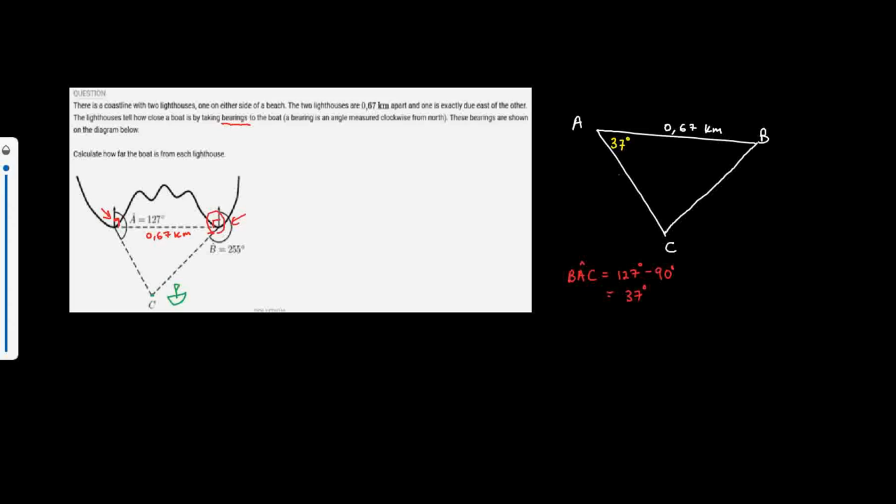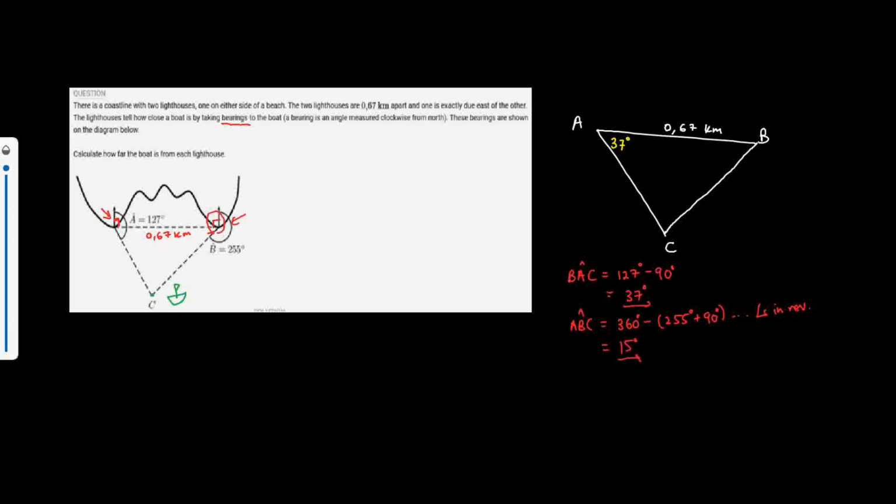Very interestingly, I'm going to say that angle ABC is equal to 360 degrees minus 255 degrees plus 90 degrees. Angles in a revolution, or angles around a point, that's equal to, let's use our calculator, 15 degrees.